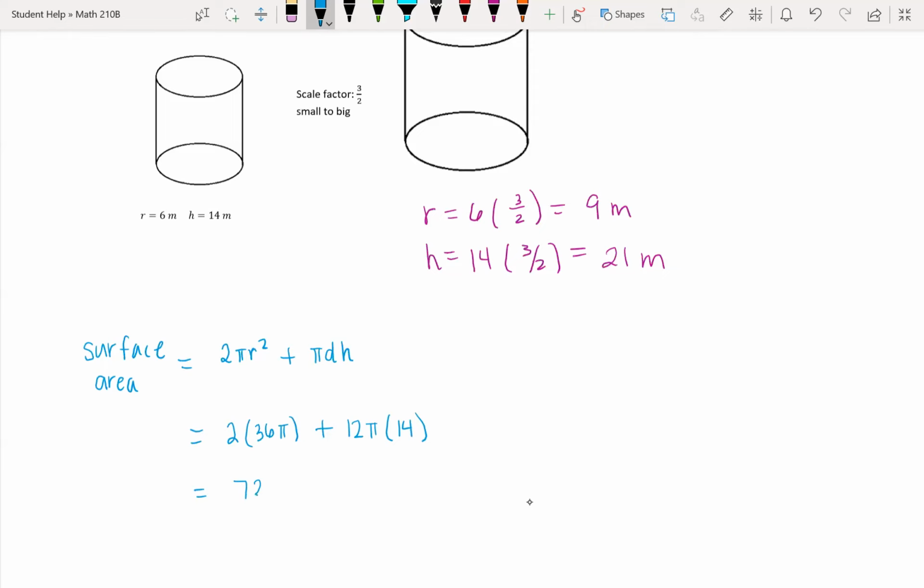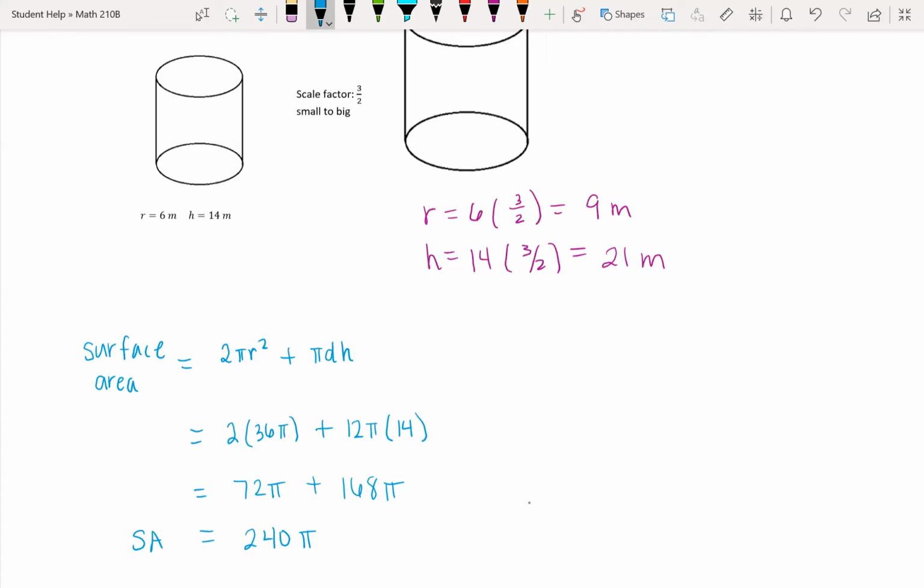So 72 pi plus 168 pi. 72 plus 168 is 240 pi is the surface area.